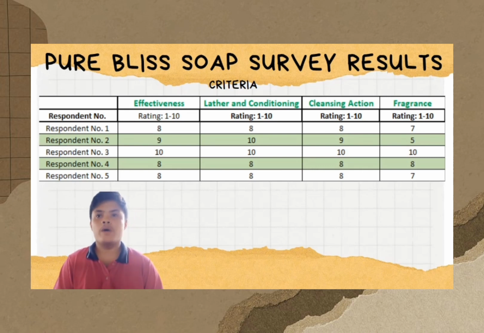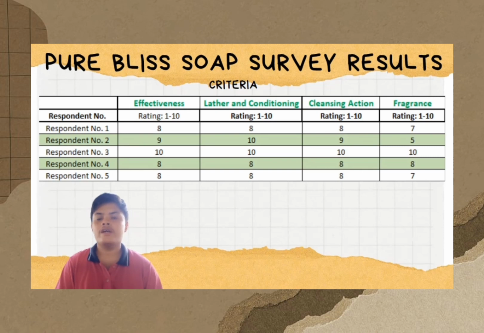Respondent number 1 rates our effectiveness 8, lather and conditioning 8, cleansing action 8, and fragrance 7. Respondent number 2 rates effectiveness 9, lather and conditioning 10, cleansing action 9, fragrance 5.